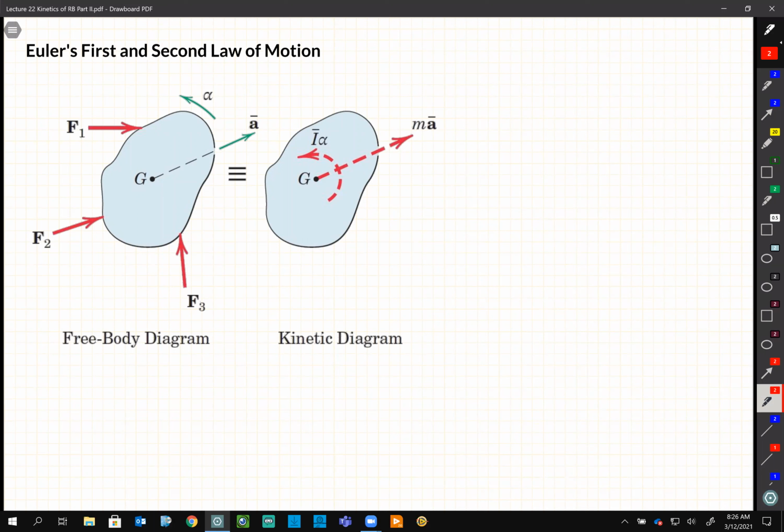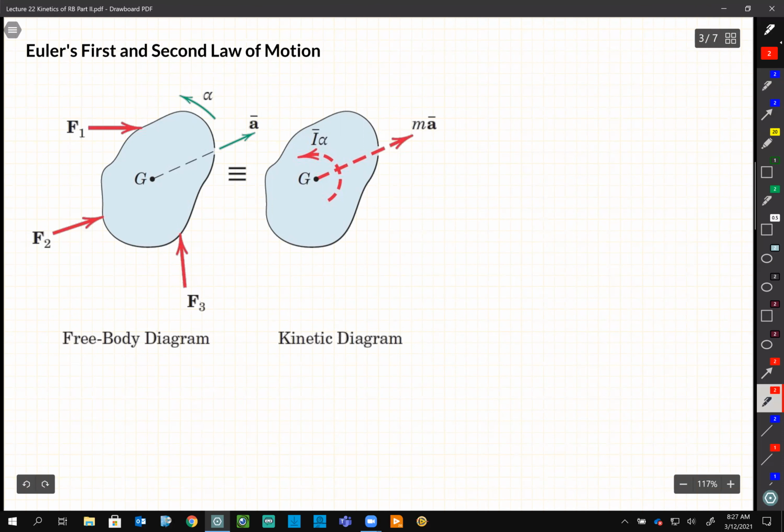And he developed the formula for a rigid body. So if you have a rigid body like the one on the left, and assuming that you know how to draw a free body diagram, you draw your free body diagram: force 1, force 2, maybe even an M, whatever you have here.